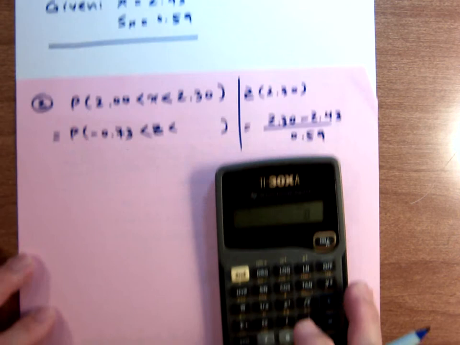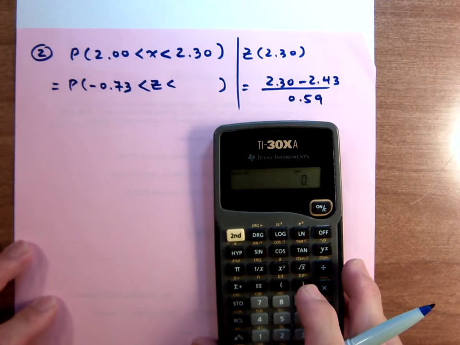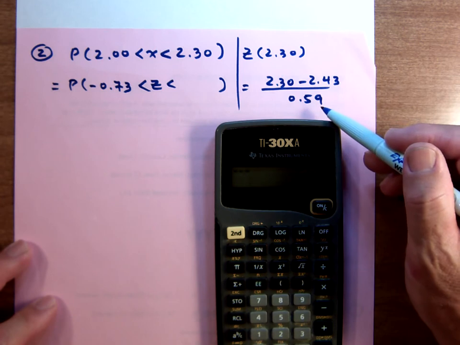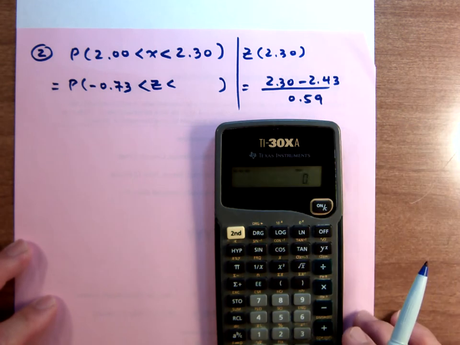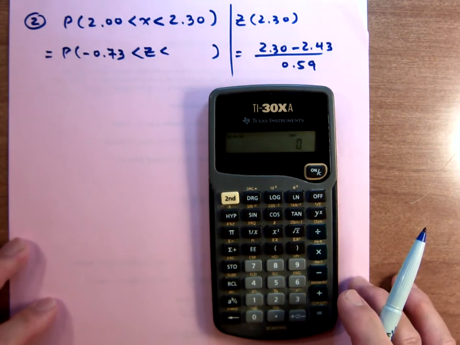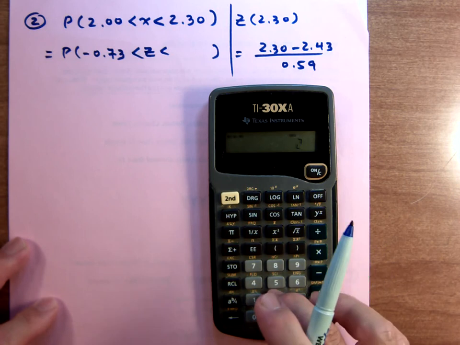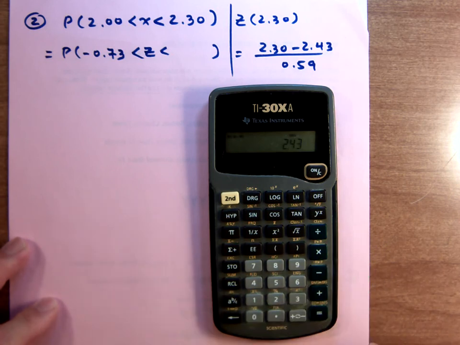Now, you probably guessed that I am going to continue to use the same sample mean and standard deviation. So I'm kind of lazy in entering those digits all the time. What I'm going to do is input the 2.43, the sample mean, into my memory function.